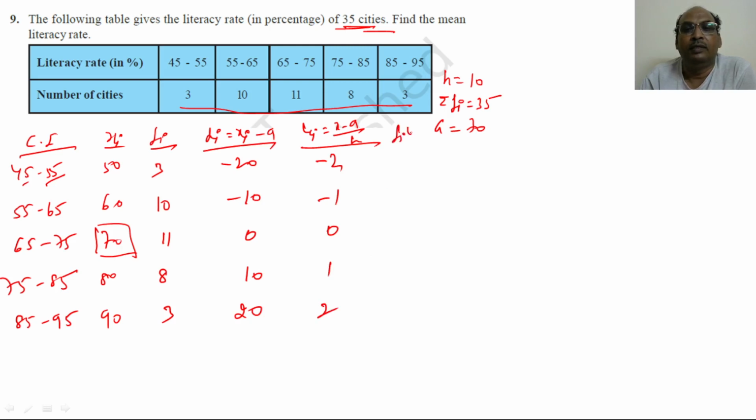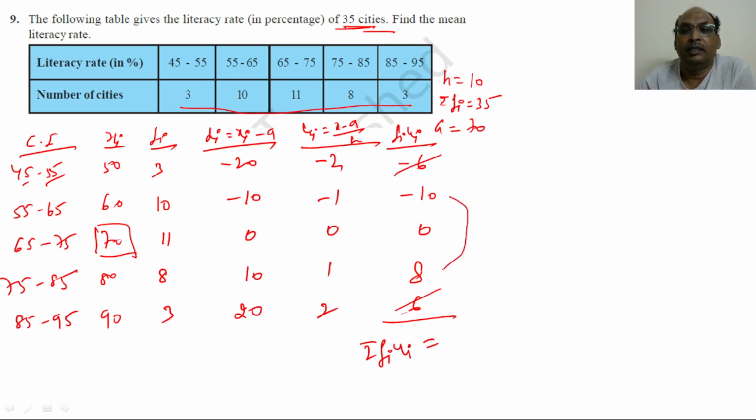Then Fi Ui. So 3 into minus 2, minus 6, 10 into minus 1, minus 10, 11 into 0, 0, 8 into 1, 8, 3 into 2, 6. So sigma Fi Ui: plus 6 and minus 6 cancel. Now minus 10 and plus 8, so minus 2.